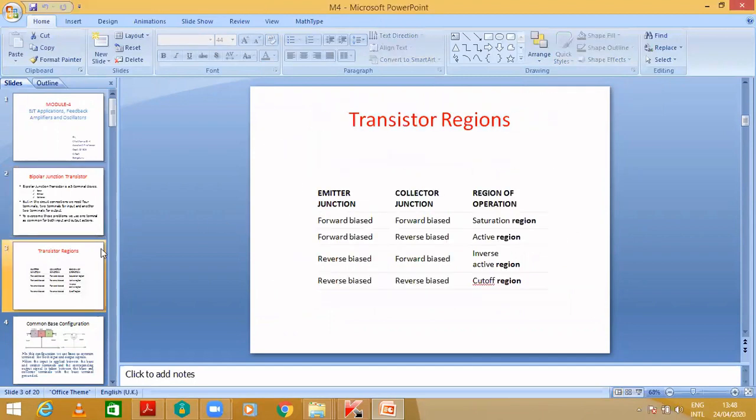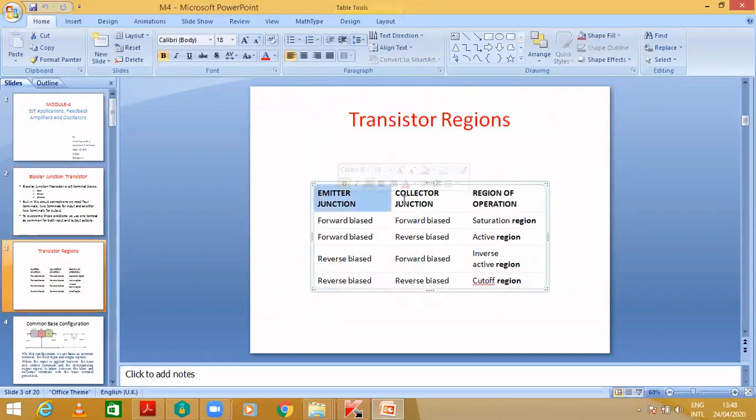That is the emitter junction and collector junction. If I make the emitter junction forward biased and the collector junction also forward biased, the region is called saturation region. If the emitter junction is forward biased and the collector is reverse biased, it is called active region.